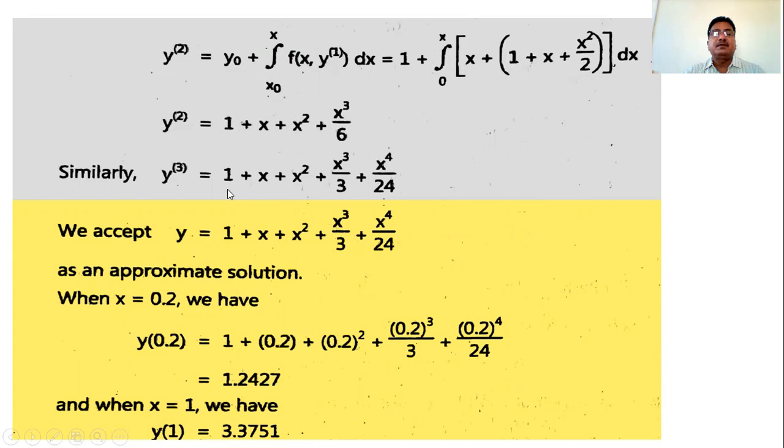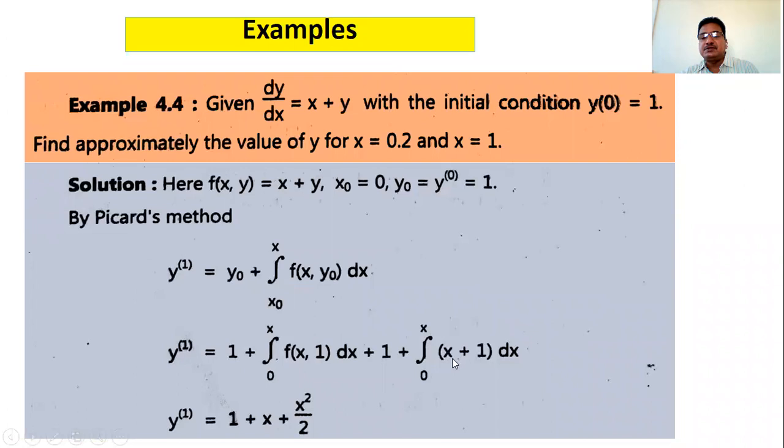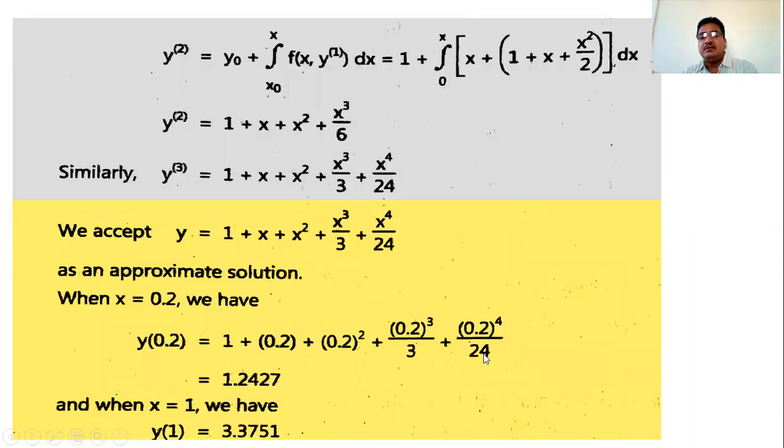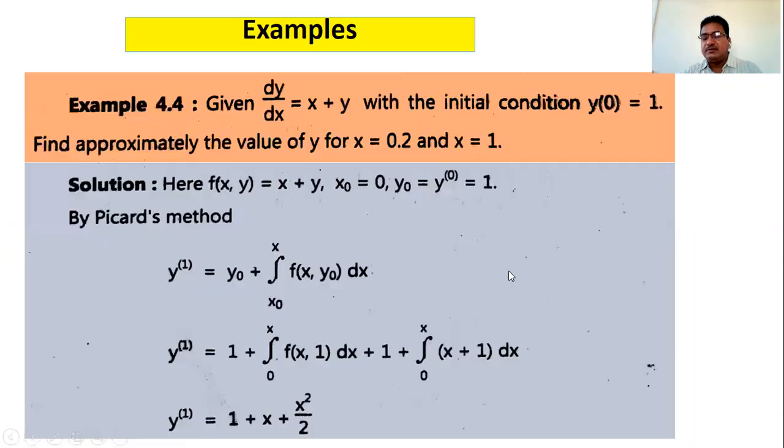The integral of this factor is x squared by 2 plus x, and the value at the upper limit is x squared by 2 plus x, minus the value at 0, which is 0.